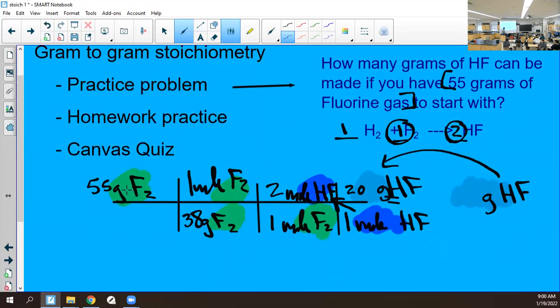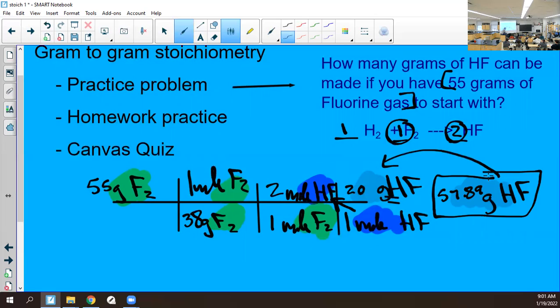I take 55 times 2 times 20 and divide it by 38. What'd you get, Lilia? Okay, did anyone else have 57.89? Okay, so doable, hopefully.